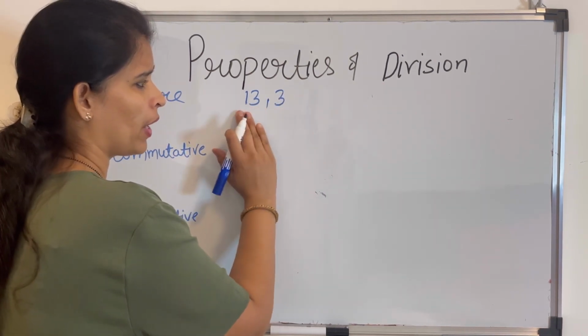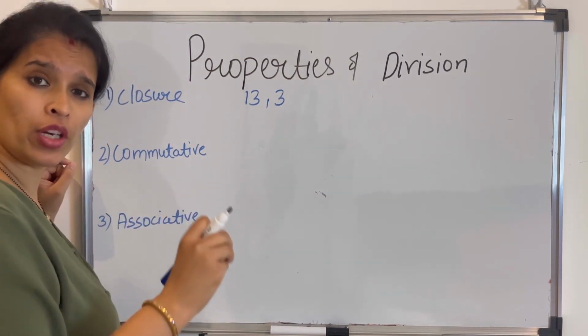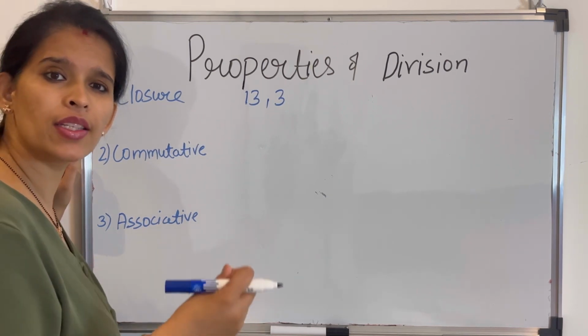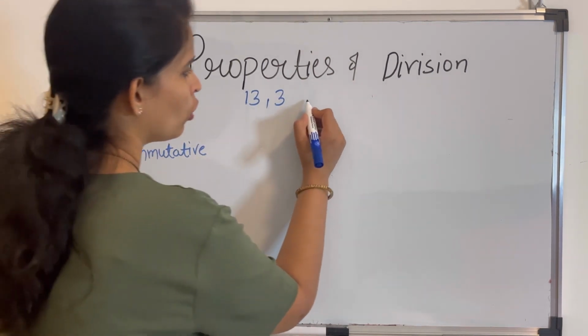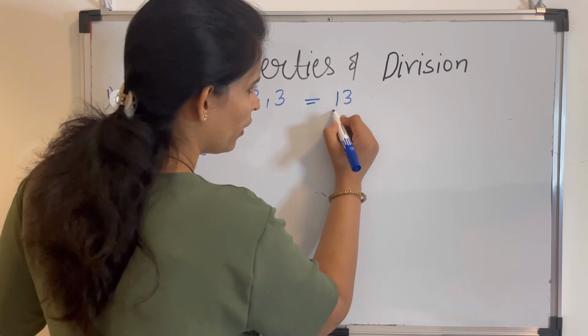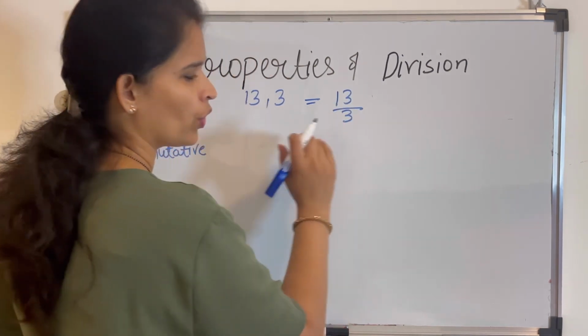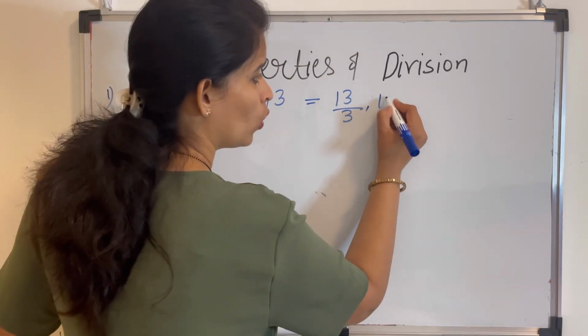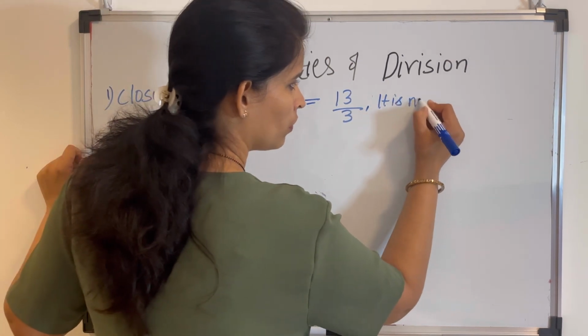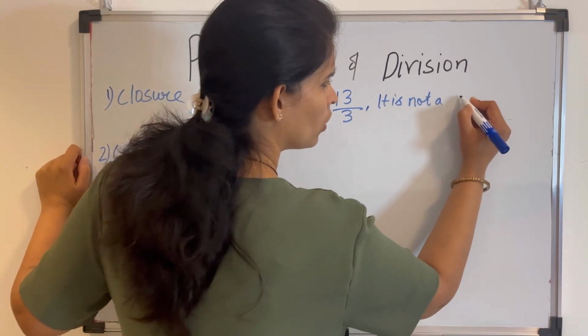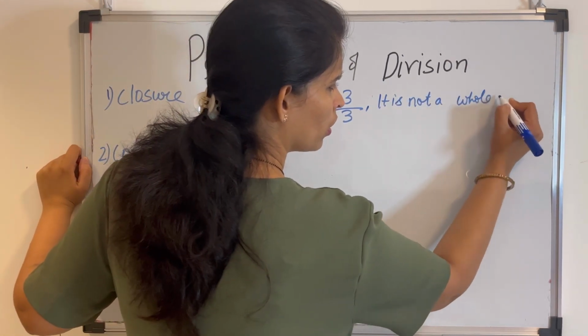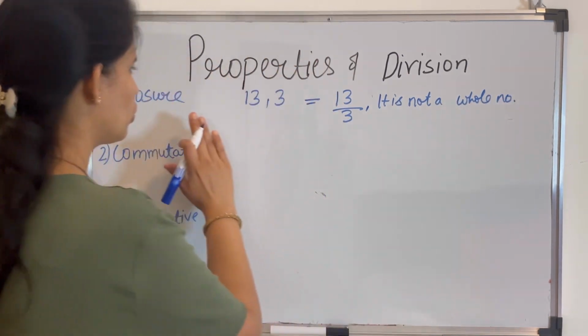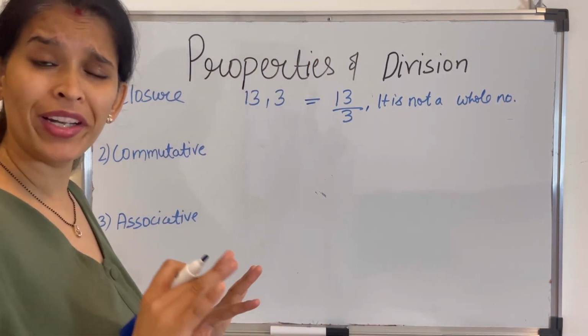If I apply the division operation here, is the result a whole number or not? 13 divided by 3 is not a whole number. So closure property doesn't hold in division.